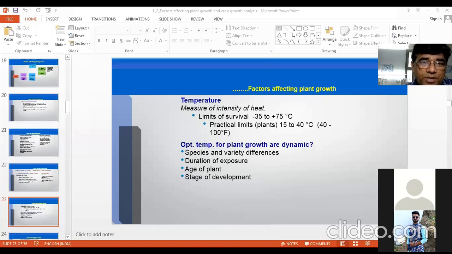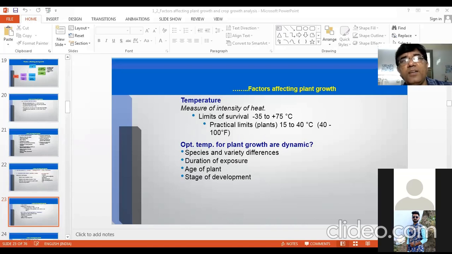Duration of exposure, how long an individual is exposed to certain limits or degrees of temperature, is also required by some plants. Then the age of the plant: temperature requirement varies with the age of the plant, and that is why you have different optimum temperatures for germination, tillering, flowering, or grain development.